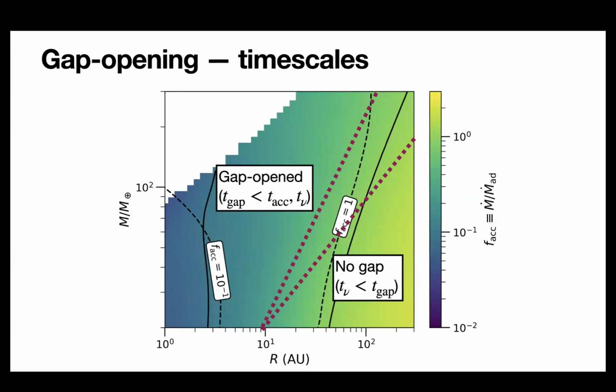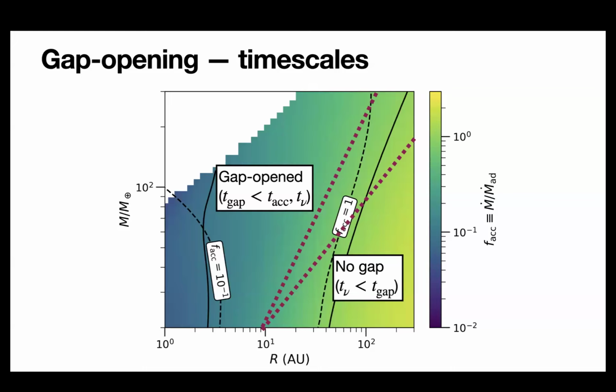What we find is that gap opening tends to operate fairly generically in the inner disk. The gap opening timescale tends to be very rapid, shorter than the viscous timescale, and we end up with planets in the inner disk opening gaps fairly robustly. In the outer disk, planets have a lot of trouble opening gaps, particularly because viscous processes operate to close these gaps.